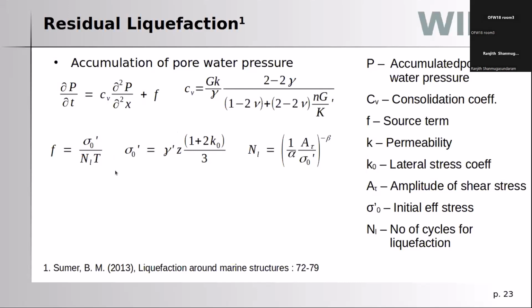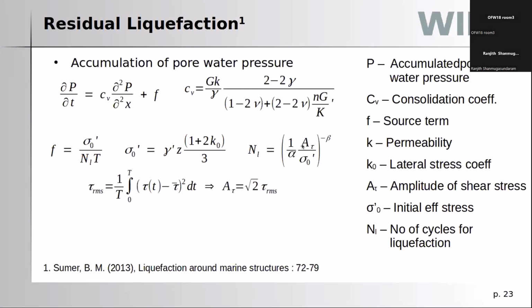The other term in the source term is the number of cycles for liquefaction, NL. This is based on the amplitude of the shear stress and on alpha and beta, two coefficients from the relative density of the soil.